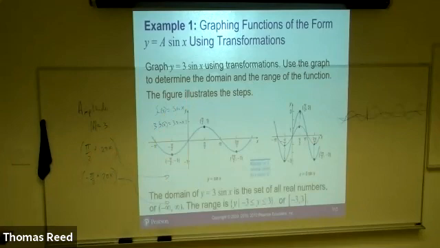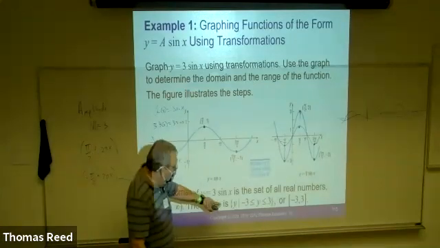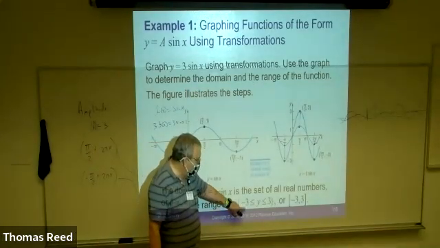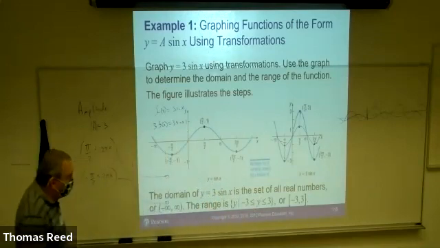So the domain remained the same, but now the y values change. So when you're changing your amplitude, you're changing your range. The smallest it can be is -3, and the biggest it can be is +3, and it's all the numbers in between.